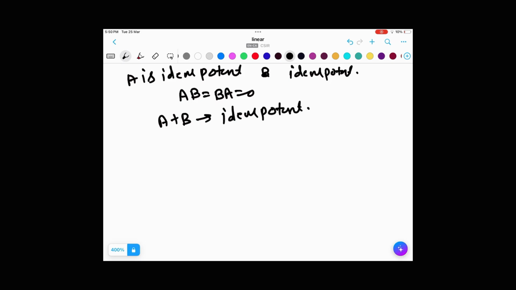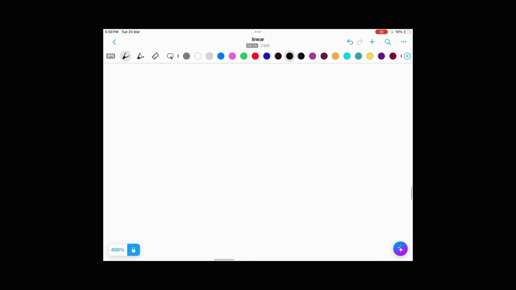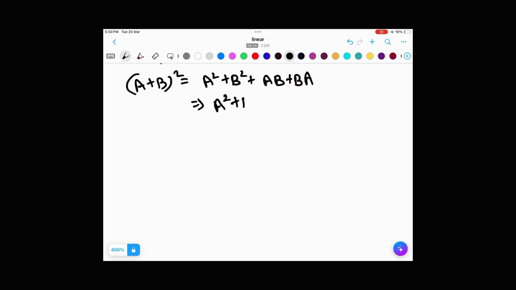We prove this. (A plus B) whole square equals A square plus B square plus AB plus BA. That will be equal to A square plus B square plus 0 plus 0, which is A square plus B square. Here 0 is the zero matrix.